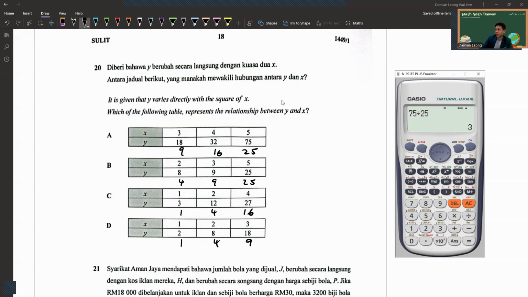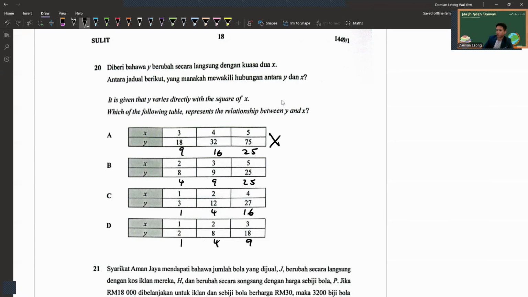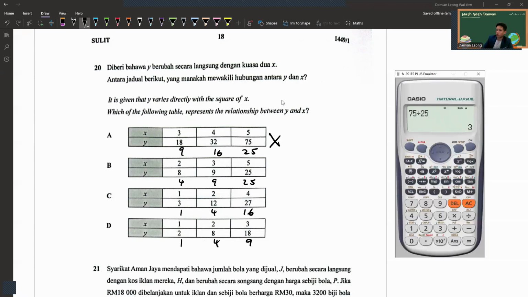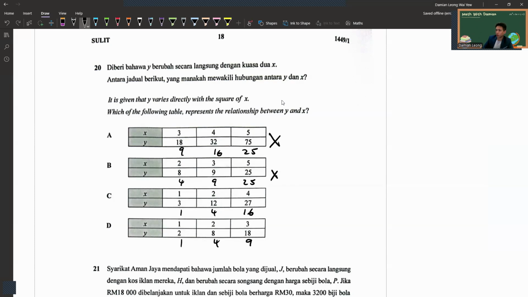75 over 25 is 3. So it's a different value, so this is not it. The next one: 8 over 4, 2. 9 over 9, 1. 25 over 25, 1. Also different. This one, 3 over 1, 3. 12 over 4, 3. 27 over 16 is not 3.